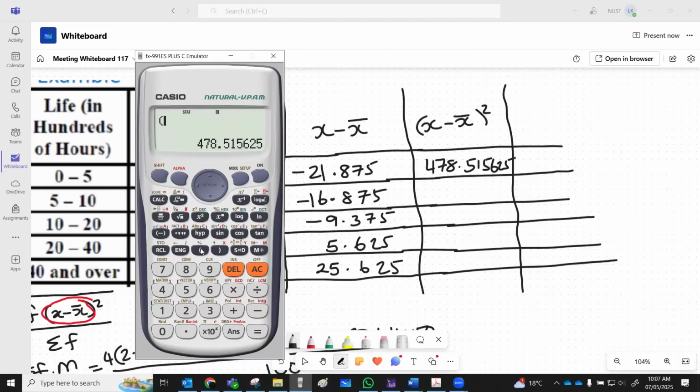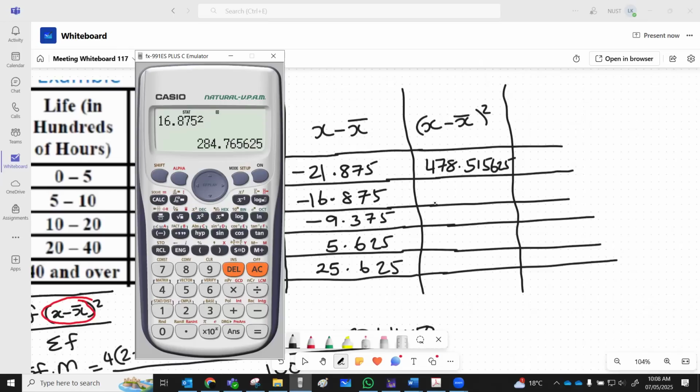Okay, then next we have 16.875. Because it's negative and you're squaring it, the answer is going to end up positive, so I'm not even bothering with the negative sign.